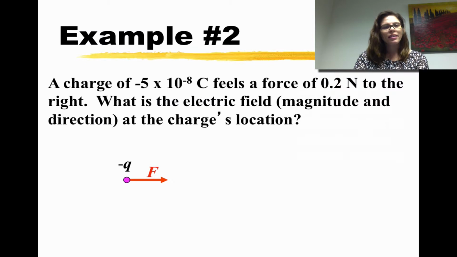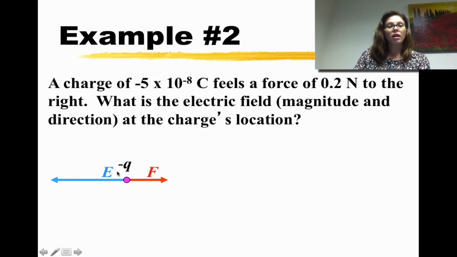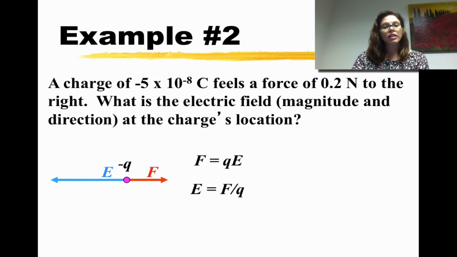Welcome back. Okay, so since this is a negative charge right here, we know the electric field and the force go in opposite directions. If this was a positive test charge, force and electric field would be in the same direction. But it's negative, so they go in opposite directions. We use F equals QE.